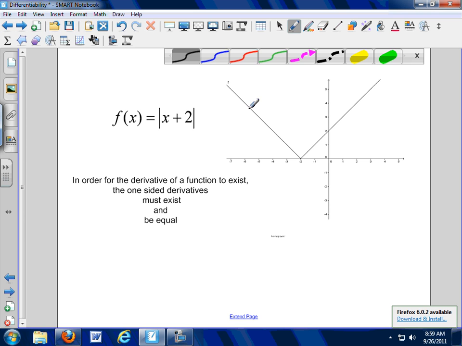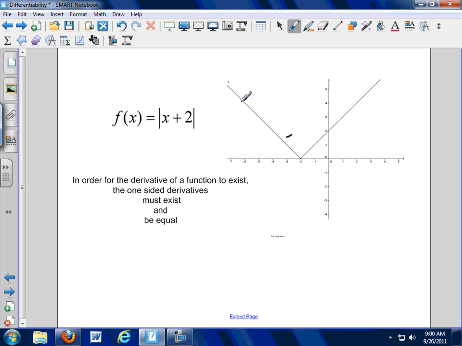So if I look at this particular function here, remember the derivative is the slope of the tangent line? Just looking at this, what's the slope going this way as I approach -2? Because that's the point I'm really interested in, just to give you a little foreshadowing. As I approach -2 on this particular function, it looks like I've got a negative derivative, negative slope.